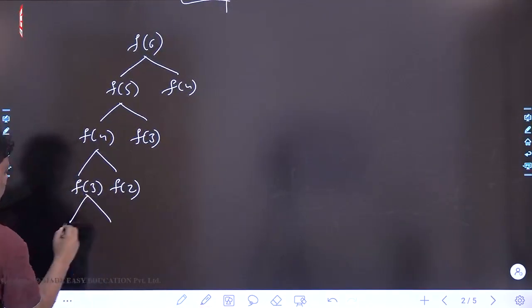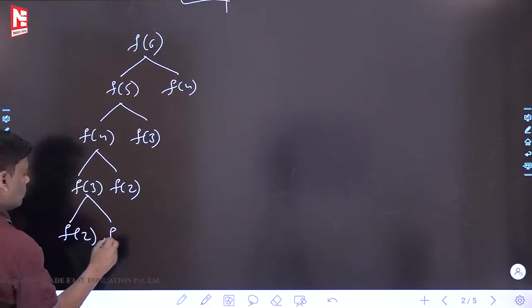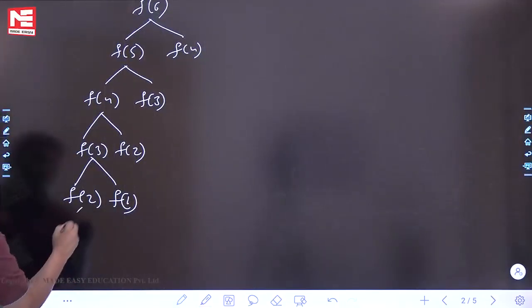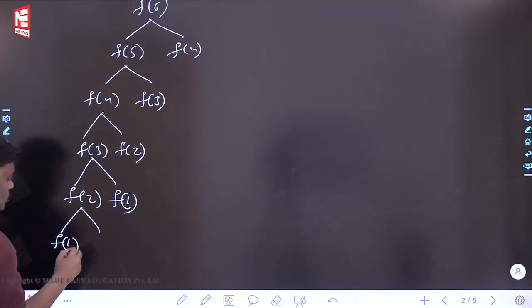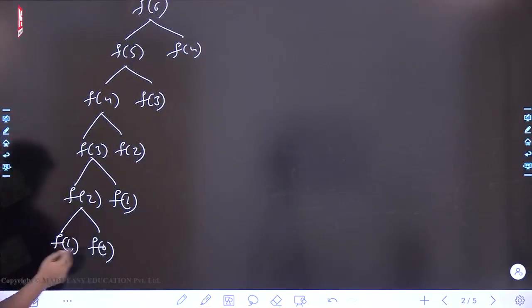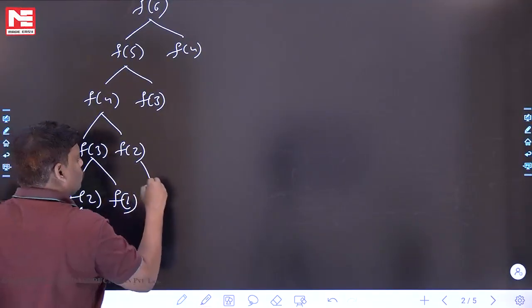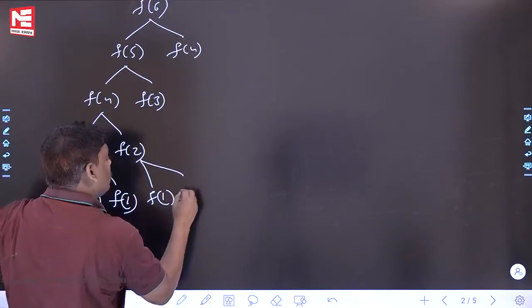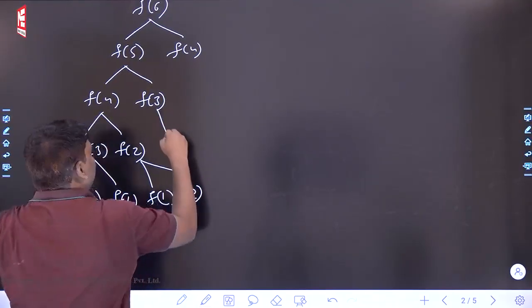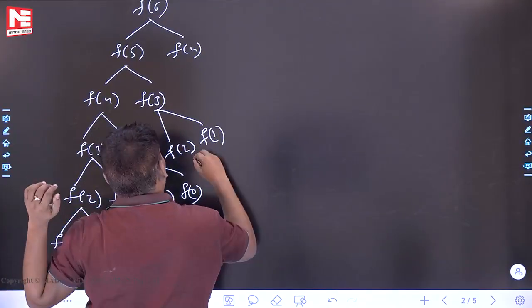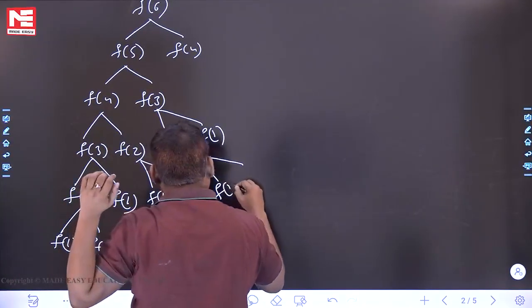How to get 3? 2 and 1. How to get 2? 1 and 0. I think these two are termination, no need to go further. This is also already there. 2: 1 and 0. 3: 2 and 1. 2: 1 and 0.